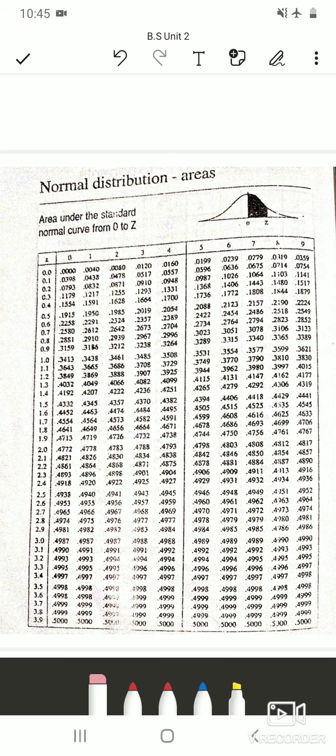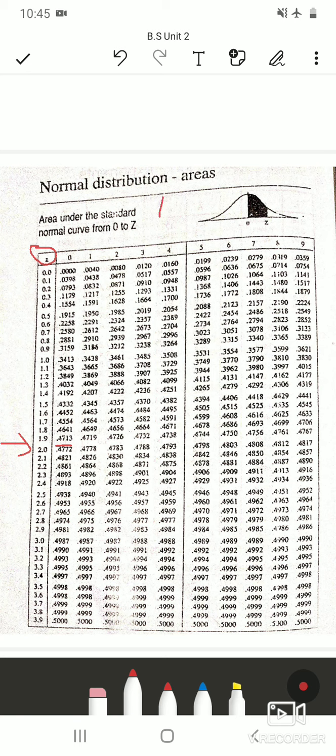Suppose you want area from 0 to z, say 1.9. What you have to do is, under z check for 1.9 under 0. So it is 0.4713.